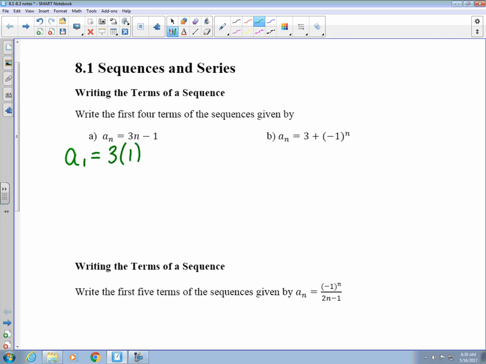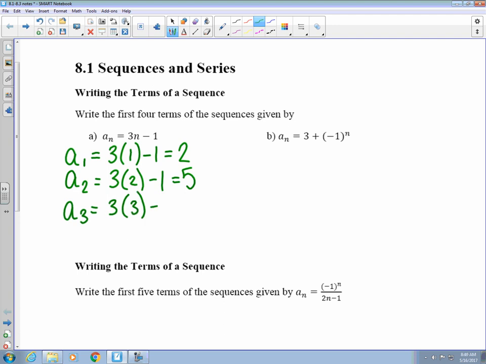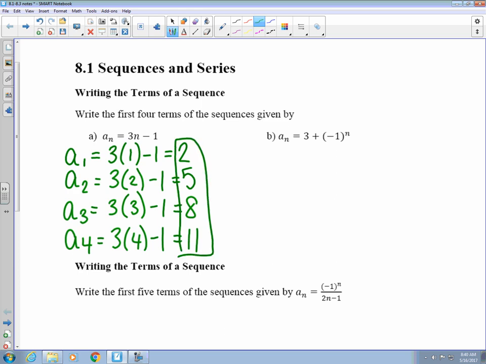So 3 times 1 minus 1 is our first term, which is 2. a sub 2 is 3 times 2 minus 1, which is 5. a sub 3 is 3 times 3 minus 1, or 8, and a sub 4 is 3 times 4 minus 1, or 11. So the first four terms, that's all you need right there.